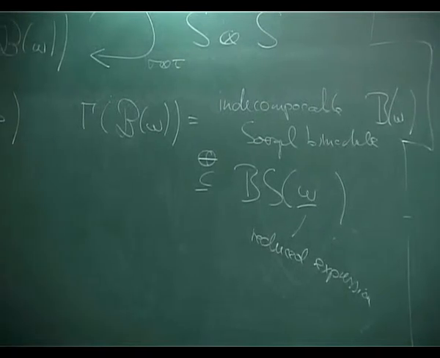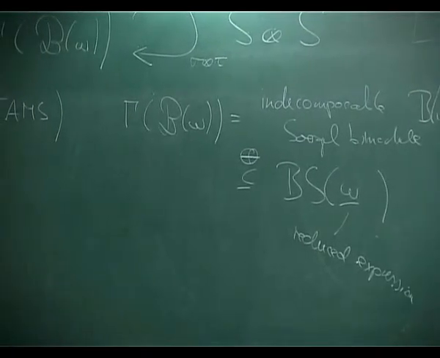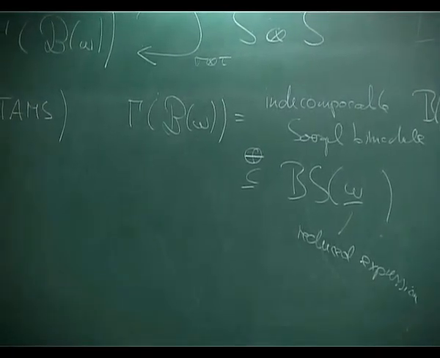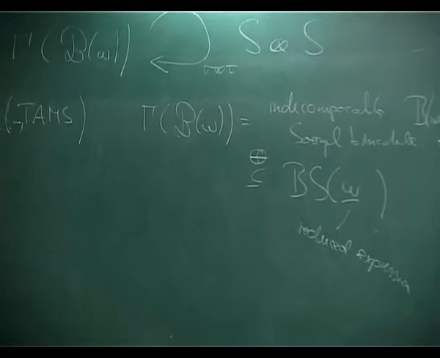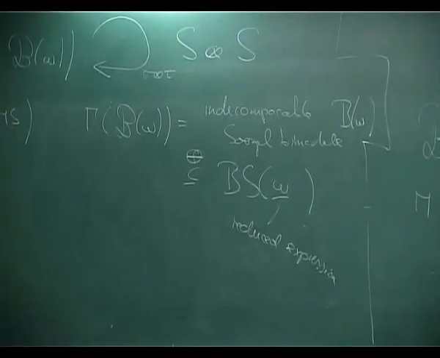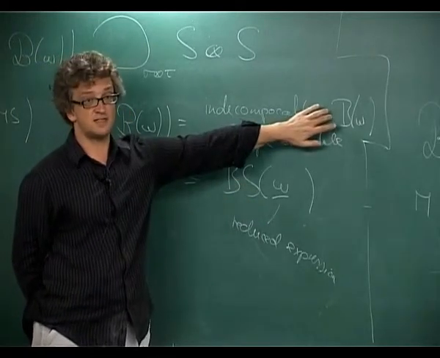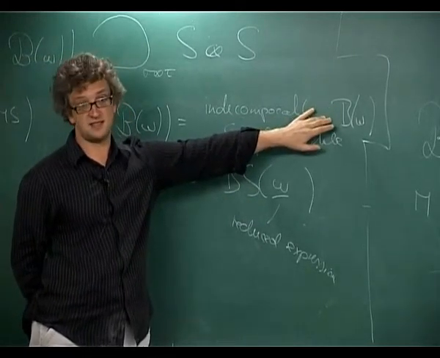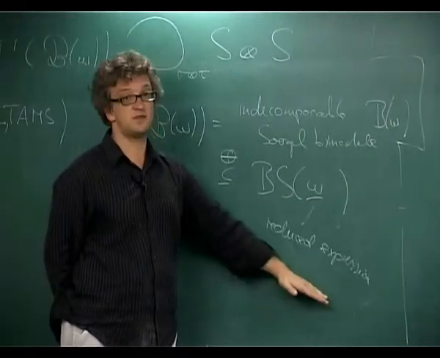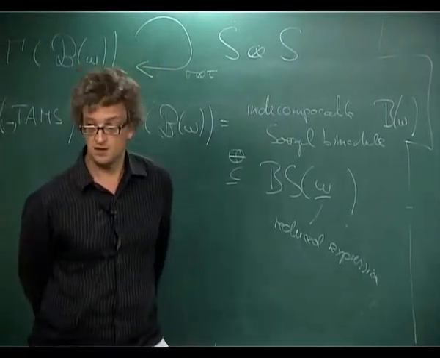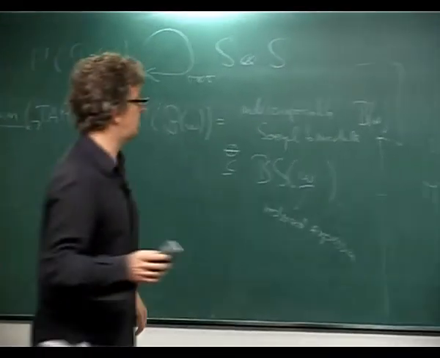The module depends on the reduced expression, but the isomorphism class of this biggest direct summand doesn't depend on the choice of a reduced expression. That is Zergel's theorem.